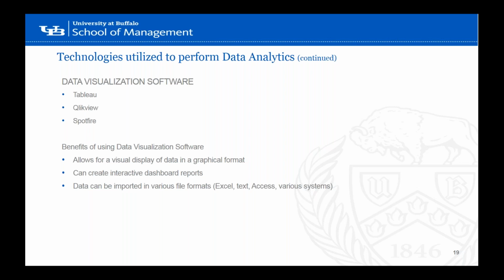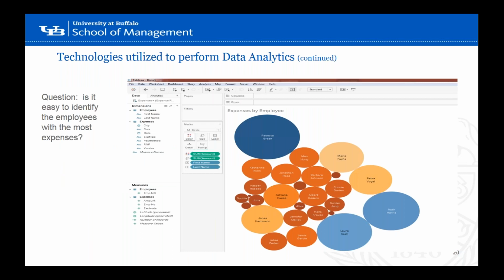We can see the data can be imported from various file formats, so it can pull from various systems. We use Tableau, and I think there are approximately 50 different file formats that can be directly imported into Tableau for analysis. The real benefit is what we're seeing across the board: most people are visual people.